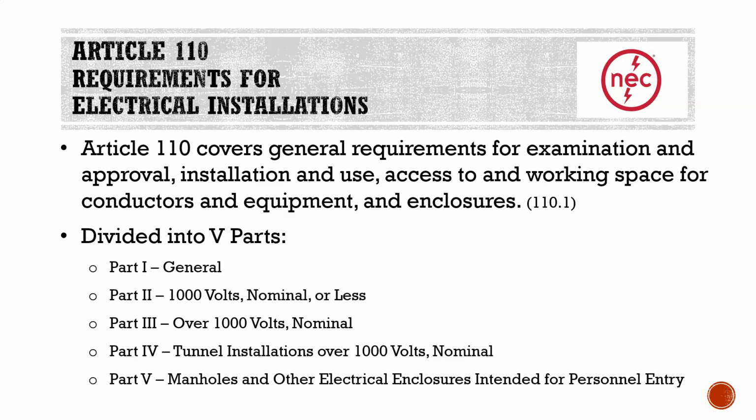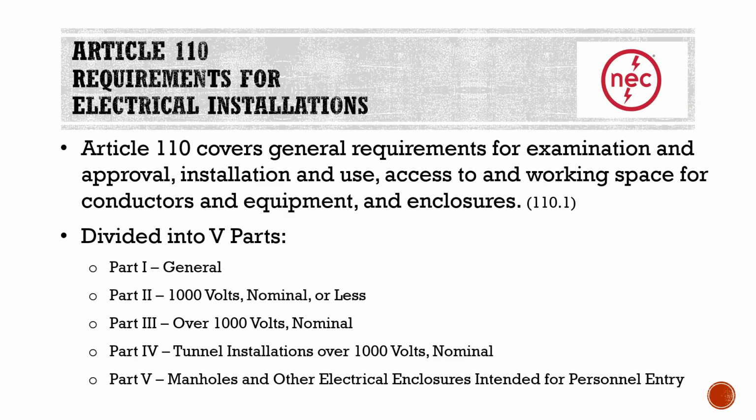The reason for this is typically the structure and the layout for over 1,000 volts will be the exact same as 1,000 volts or less. It'll just have different distances or sizes or requirements. But once you learn how to navigate through the 1,000 volts or less, navigating through the over 1,000 volts will be the exact same.